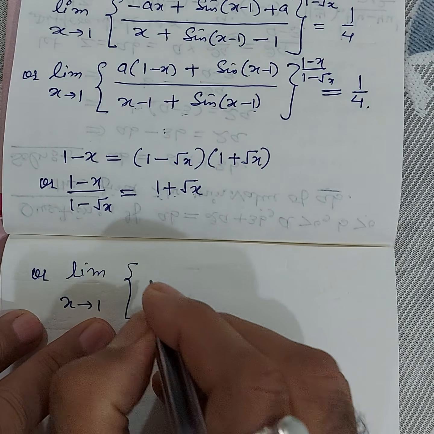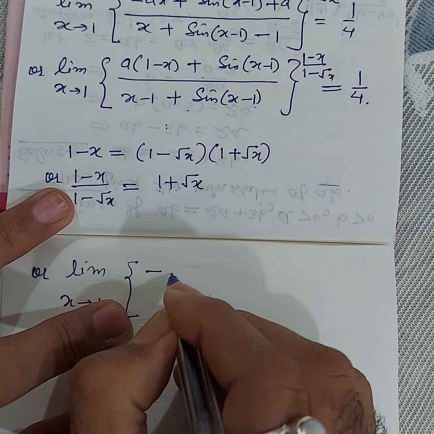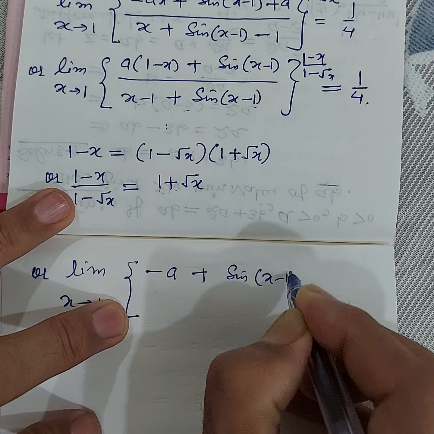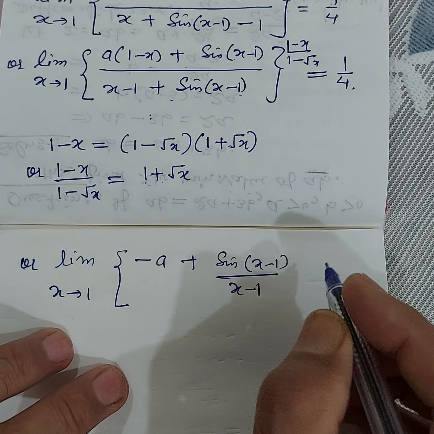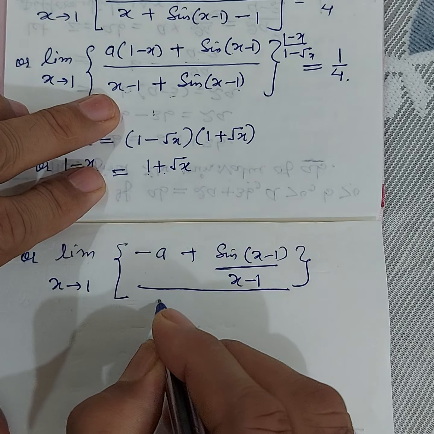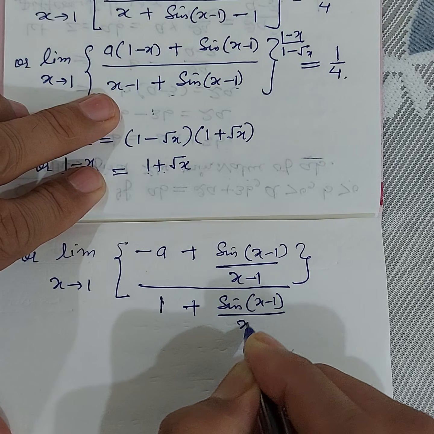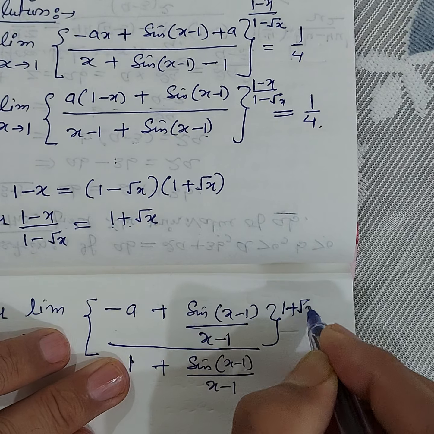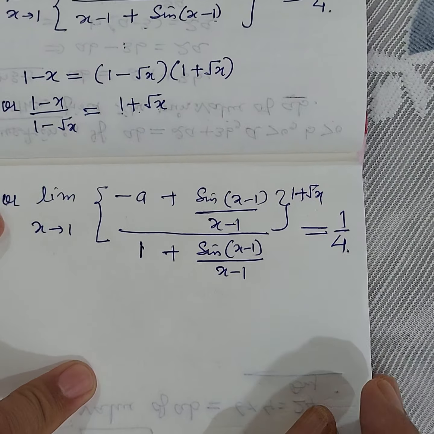So we get (-a + sin(x-1)/(x-1)) upon (1 + sin(x-1)/(x-1)), to the power 1+√x, is equal to 1/4.